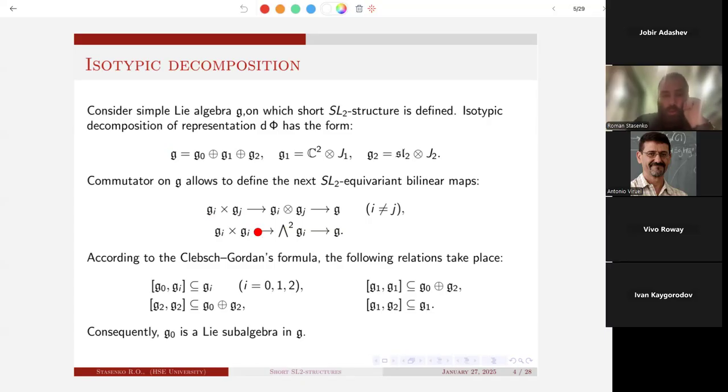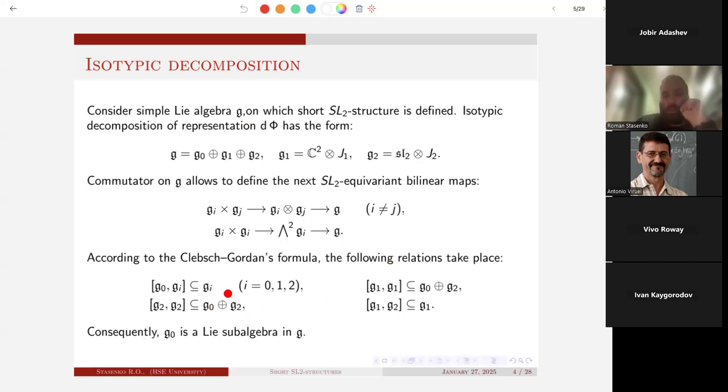According to the Clebsch-Gordan formula, these SL2-equivariant bilinear maps give us special commutator relations between the summands. The first commutator relation: if you commutate G0 with one of the others, you stay in it. And if you commutate the two last summands, we will go to G0 and G2, and so on.